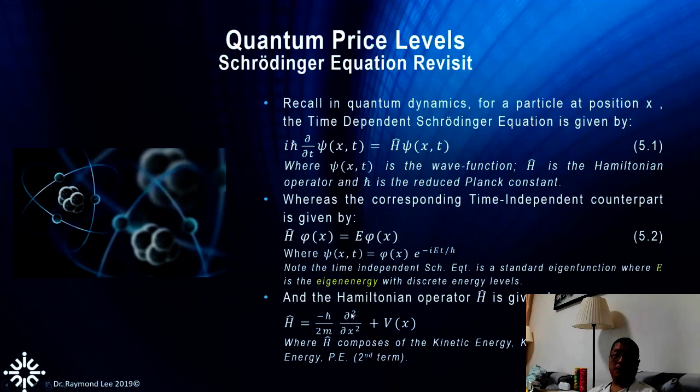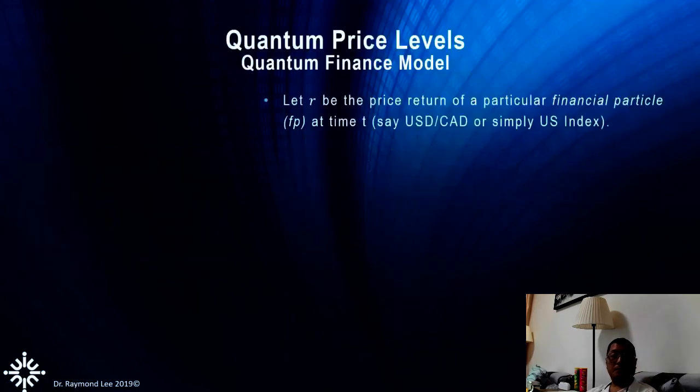The Hamiltonian consists of two parts. First is the KE part, okay, and the second is the potential part. So we have two. Again, remember in the quantum finance Schrödinger equation, we are using R. R is the price return.